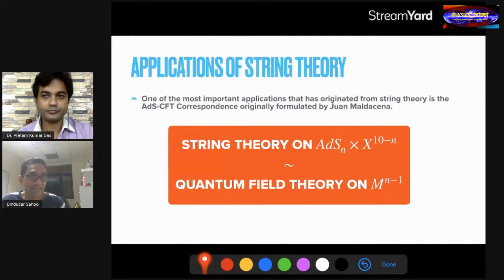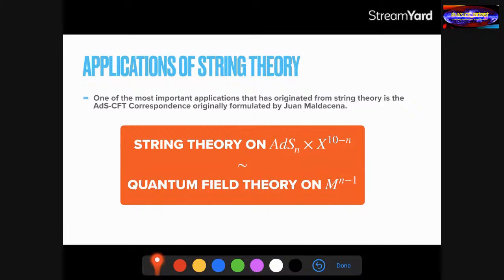But then is it just a theoretical idea that we have to live with, or does it give us any application to real world physics? Yes, something that has originated from string theory has actually given us tools to apply to some real world phenomena. That thing, which gives us a framework to deal with real world physics, is called the AdS/CFT correspondence, and it was originally formulated by physicist Juan Maldacena.